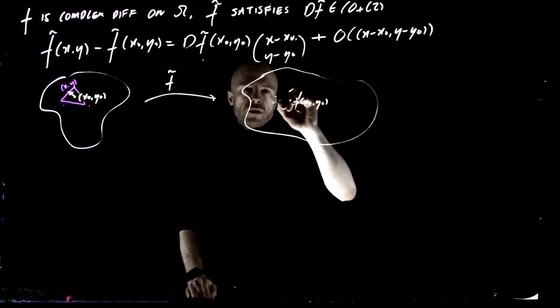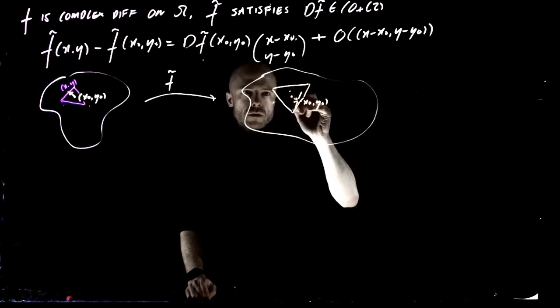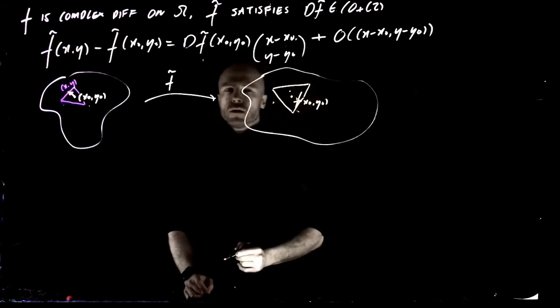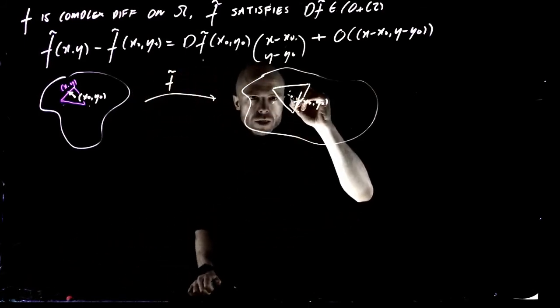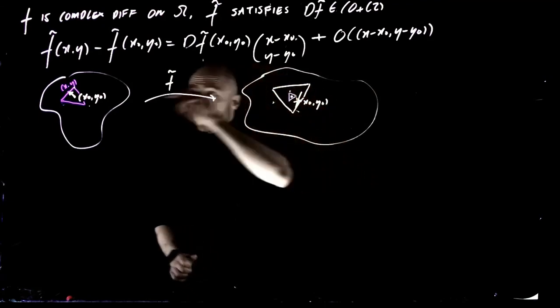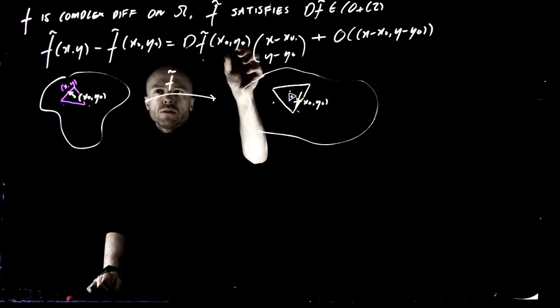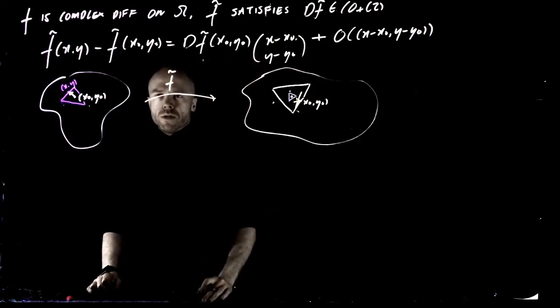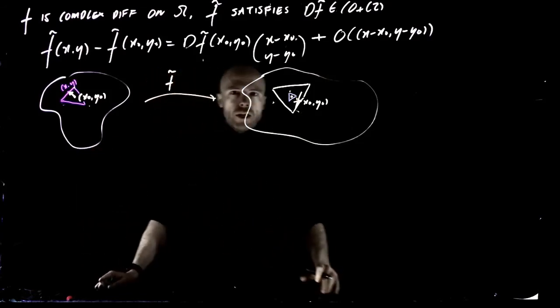It could be sent to some sort of triangle like this, or to some really tiny triangle like this. But the interior angles will remain the same because we are acting on it with a conformal matrix, which is just rotation times a dilation.